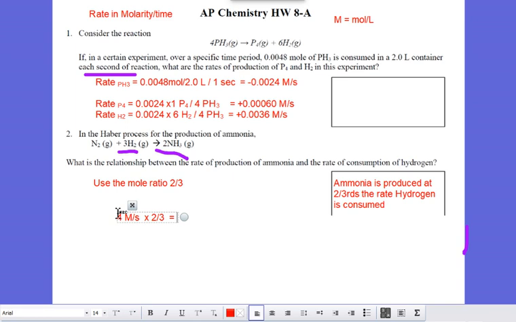It would be 8/3 molar per second. What is that? 2.6, 2.67 molar per second. So you would apply that ratio, the ratio of hydrogen's consumption, to determine the rate of ammonia's production.